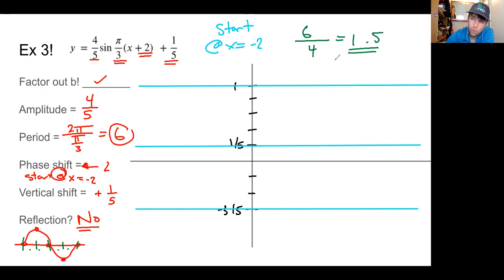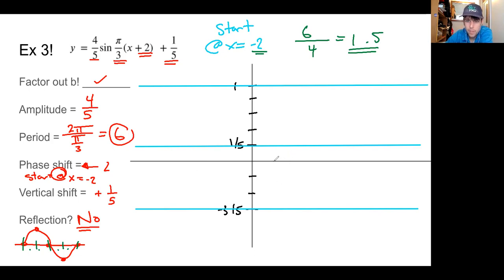Because we're dealing with whole numbers and not fractions of pi, I don't love counting my x-axis by 1.5. And the other issue is if I do that, when I go into the negative direction, I'm going to skip over my starting value. So just to simplify things here, I'm going to start by counting by ones, and then I'll break it down further into 1/2 increments.